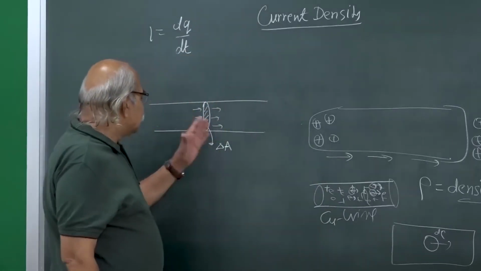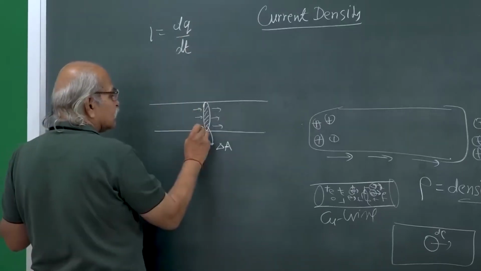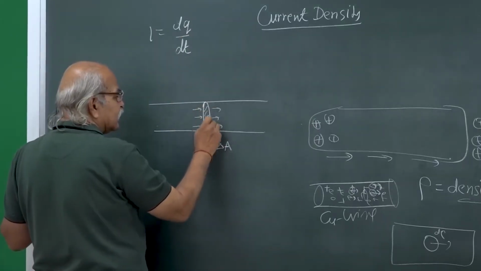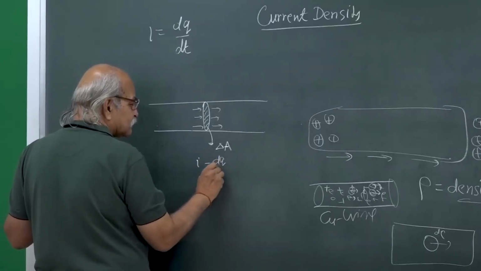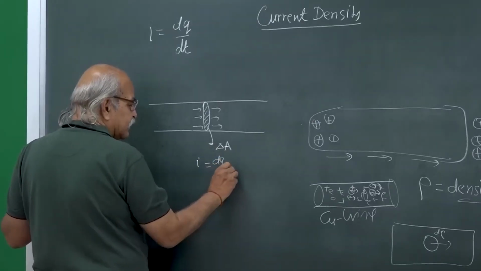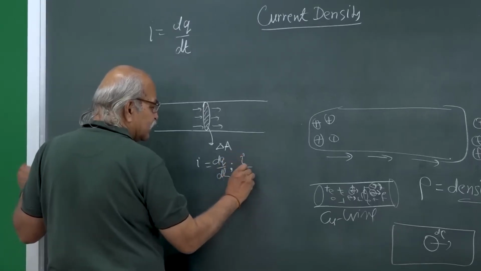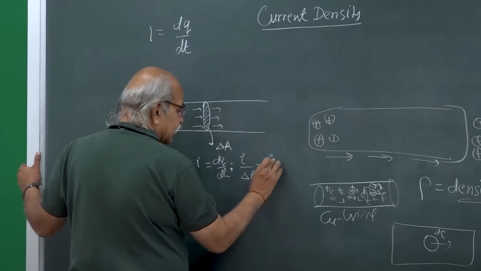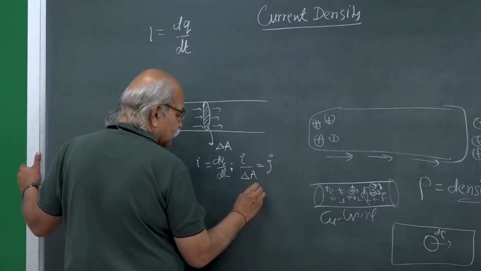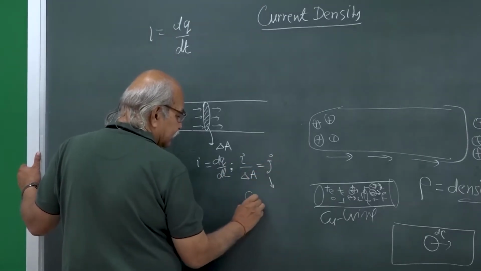Okay. So if dq is the charge which is crossing this area in time dt, then your current is dq by dt, and this divided by delta A is known as J, and this is called current density.